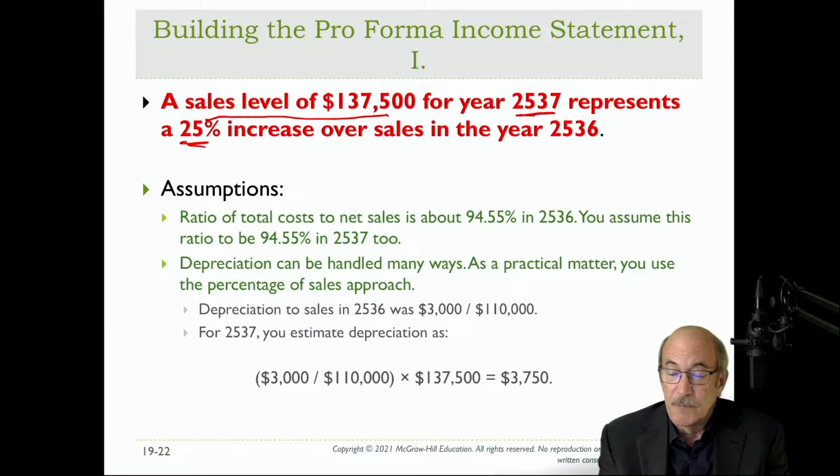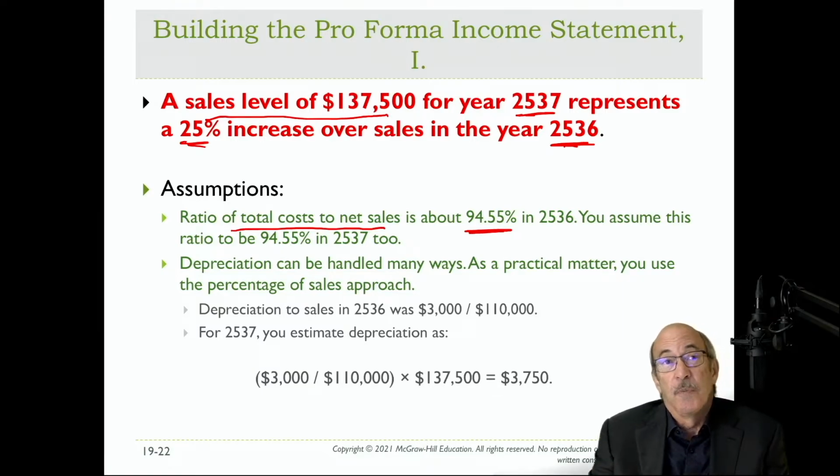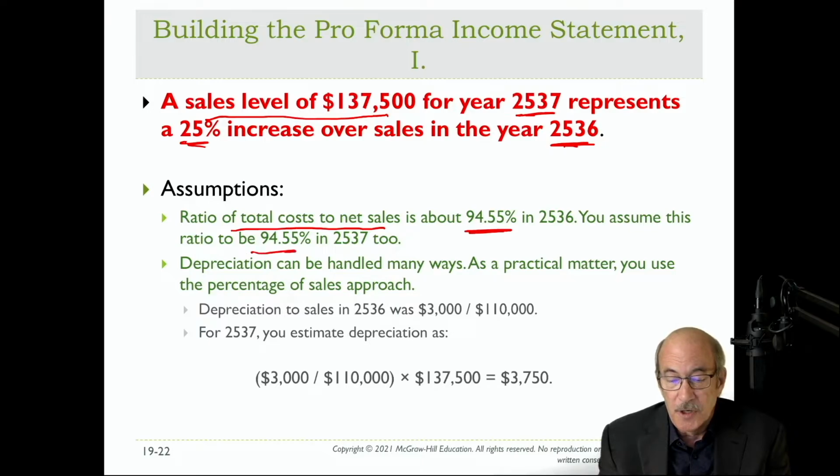This is a 25% increase over the prior year 2536. So the ratio of the total cost to net sales is about 94.5% in 36. So we're going to assume that it's also the same percent of sales in 2537. So 95.55% of the 137,500. That would be our total costs.